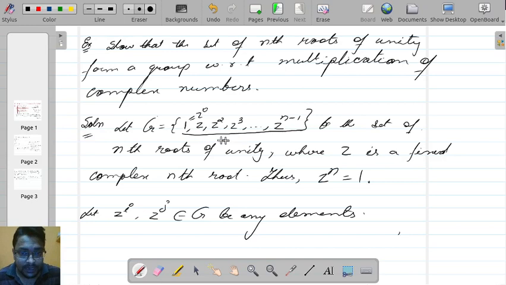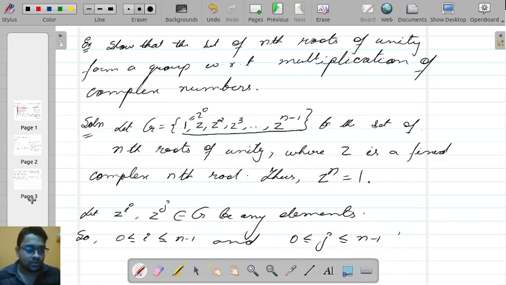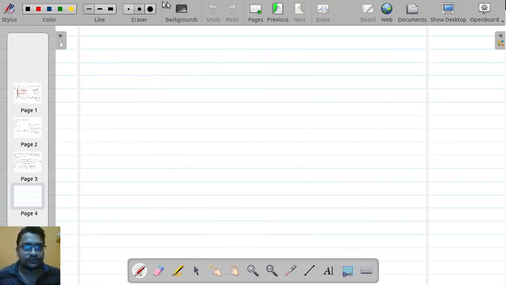Any element inside G is of this form, z to the power i, where i is greater than or equal to 0 and less than or equal to n minus 1, and this j also should lie between 0 and n minus 1. Now I have to multiply these two. So z to the power i into z to the power j. I have to show that this is also an element inside the set G.